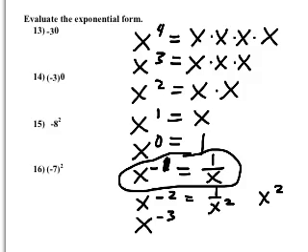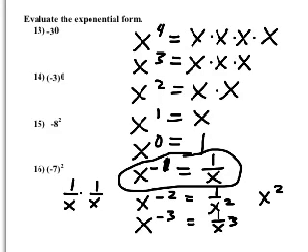X to the negative 3 equals 1 over x to the 3rd power, that 3 should be on the bottom there, and so on. Another way of looking at these is 1 over x divided by x is also 1 over x times x.